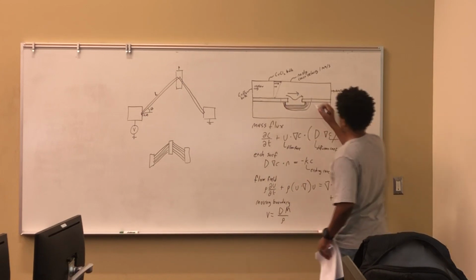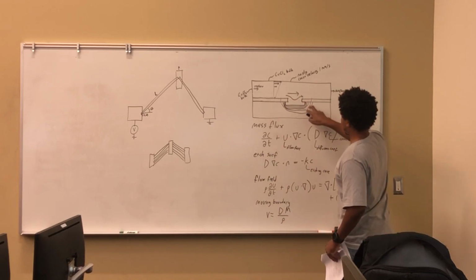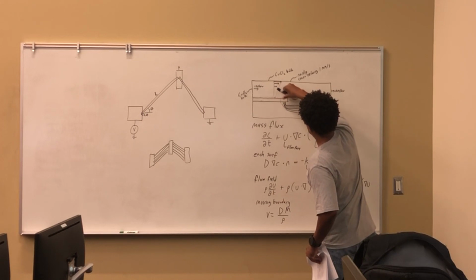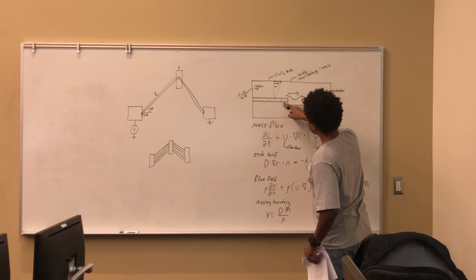So it's going to start looking like this. This area right here is going to etch a little faster just because that's the direction of the etchant coming in. And over here, you're not going to have as much movement, right?